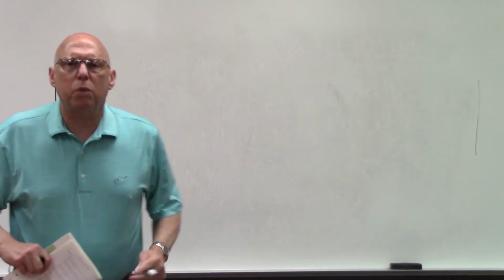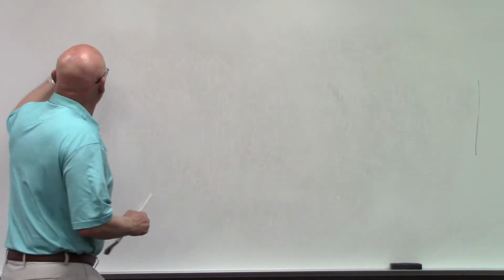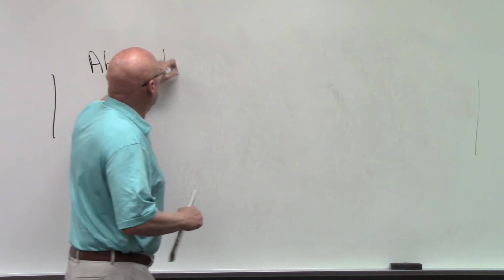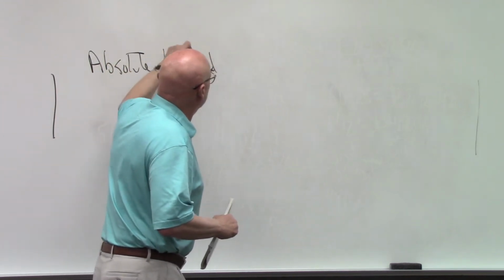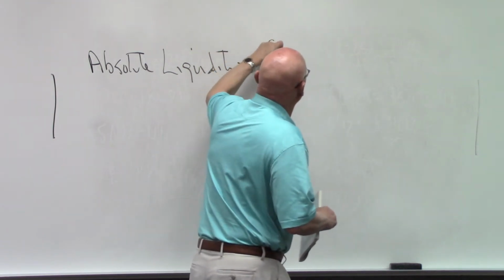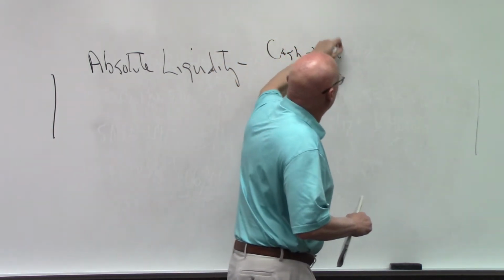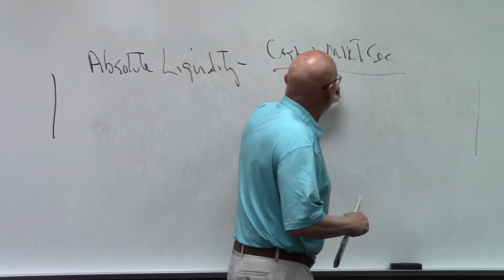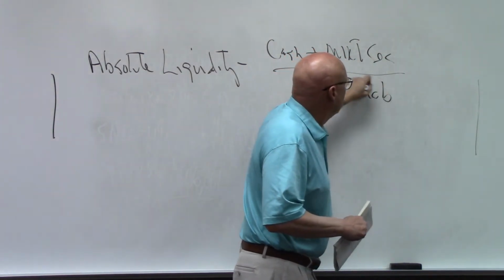So let's make sure, yes, we're working. So absolute liquidity, not a ratio that we go over in ManFin, but it is cash plus marketable securities divided by current liabilities.